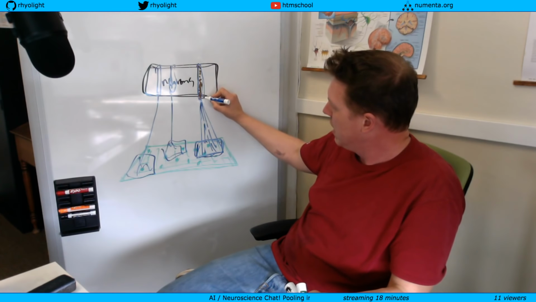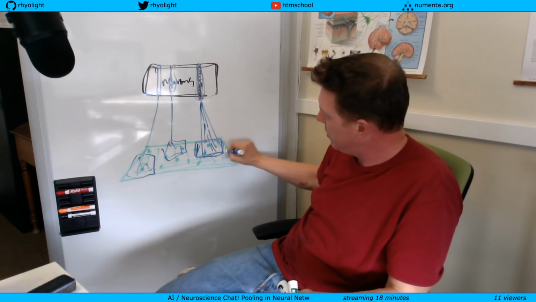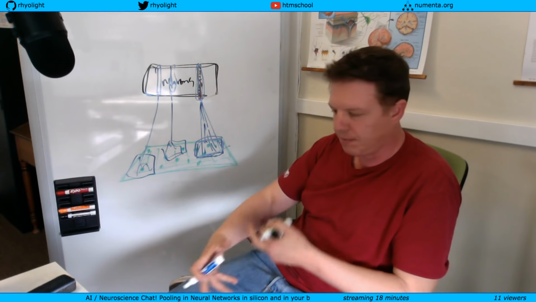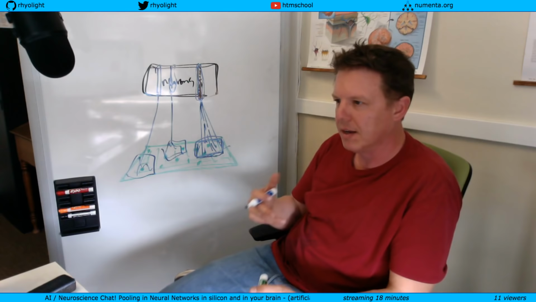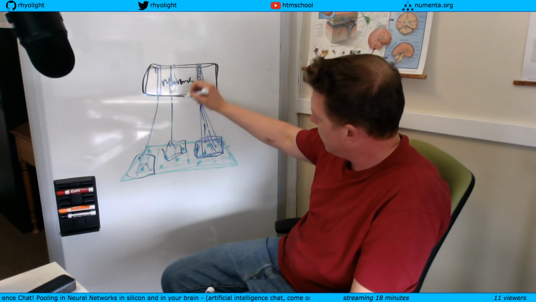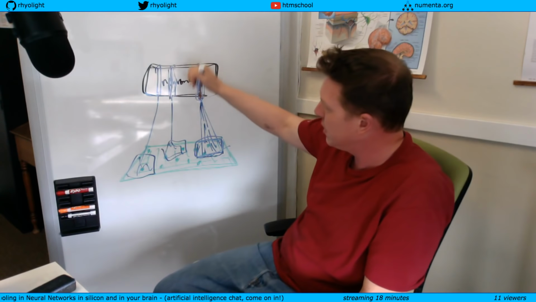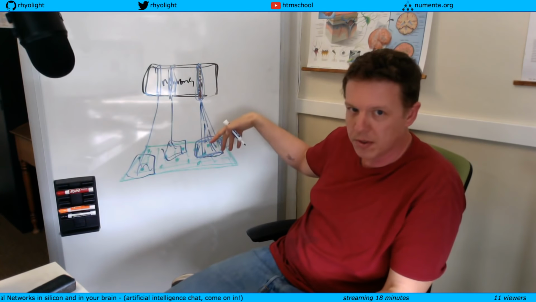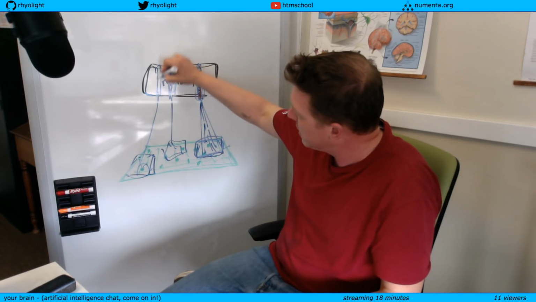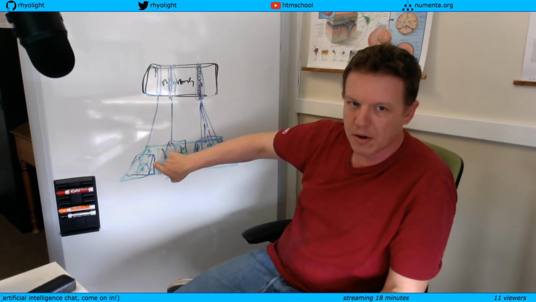This mini column will never have the opportunity to connect to all these neurons because they're too far away. It just doesn't happen like that in your brain. So all of these mini columns are essentially pooling features, pooling things that they see in here, and representing them when they see that thing occurring.